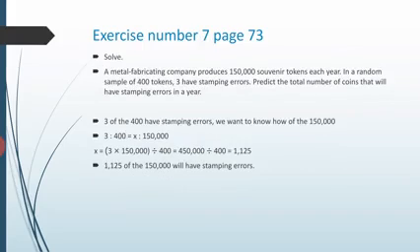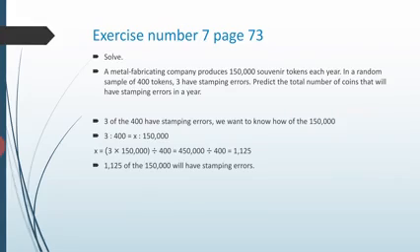The last exercise. A metal fabricating company produces 150,000 souvenir tokens each year. In a random sample of 400 tokens, 3 have a stamping error. Predict the total number of coins that will have a stamping error in a year. We have that 3 of 400 have errors, so we want to know how many of the 150,000.